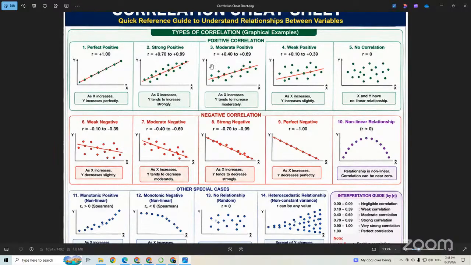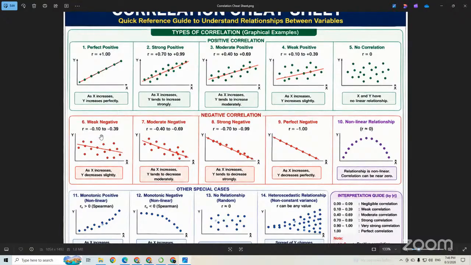All these are for positive correlation, and similarly here you can see the negative correlation. Here the graph will be such that as x increases, y decreases.